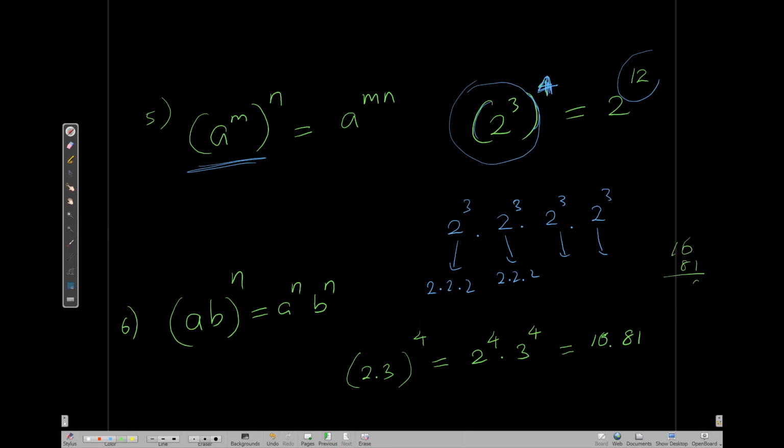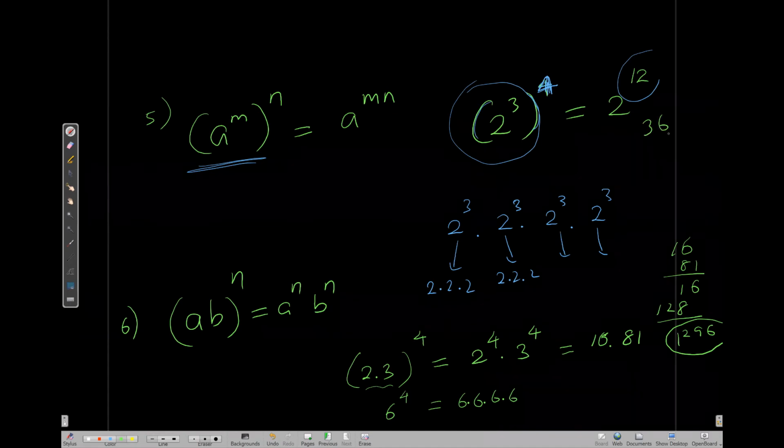So 1 times 16, you get 1296. Let's see, 2 times 3 is 6, to the 4. So that's 6 times 6 times 6 times 6. So 6 times 6 is 36. 36 times 6 is 216.